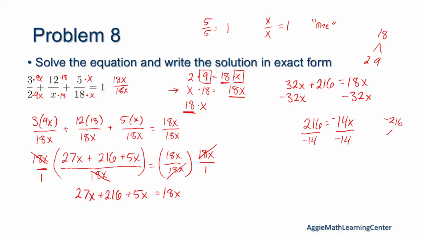Negative 216, we can factor that into 108 times 7, or positive 108, negative 7, and we can factor negative 14 into 2 and 7. Wait, no, 2 and 108, sorry. My brain, 2 and 7. So we can simplify this to negative 108 over 7. This is positive. Goodness.